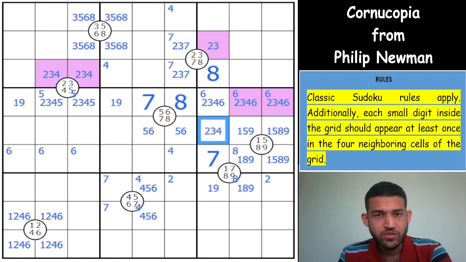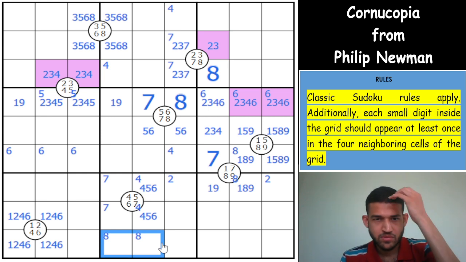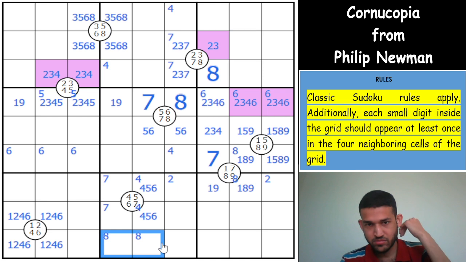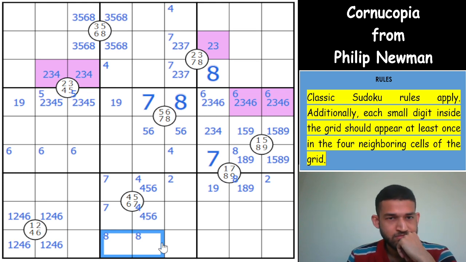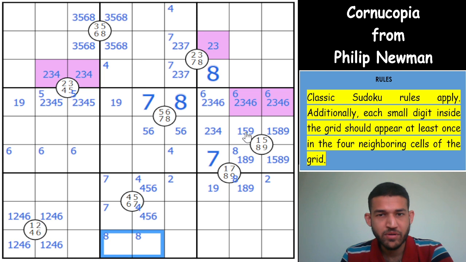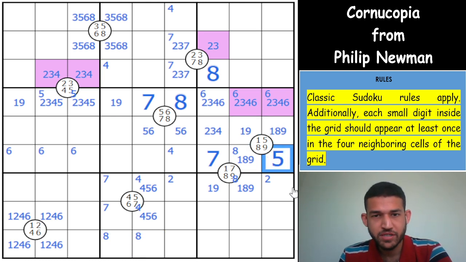Okay, this is a 2 3 4 for this box, and 8 is not here, so 8 goes in here. Okay, 5 is removed from here, which means that the 5 has only one option, so 5 goes here.